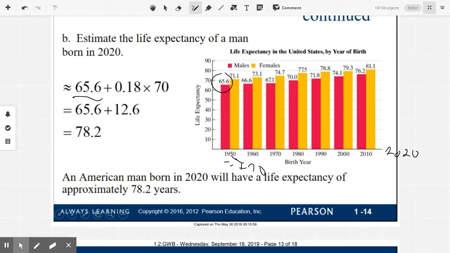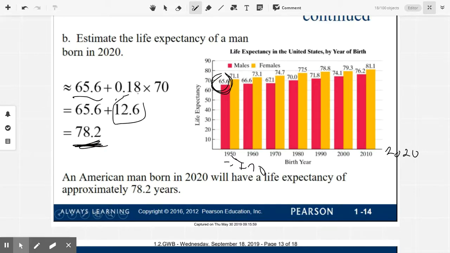So what they did is they multiplied 0.18 times 70 so that they could find out, okay, 70 years after this, where is it at? Going up by 0.18 per year. Notice for 70 years, it increased by 12.6. They added that to the 65.6, and they got 78.2.